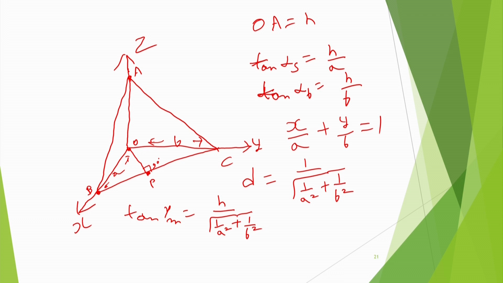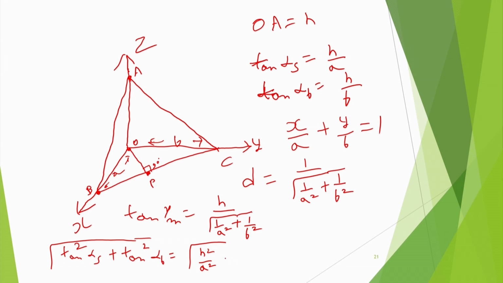Okay, now 1 by A is basically 1 by A. So here you are getting tan alpha S is equal to H by A. So if I also take tan square alpha S plus tan square alpha B under root, then I will be writing under root H square by A square, right?